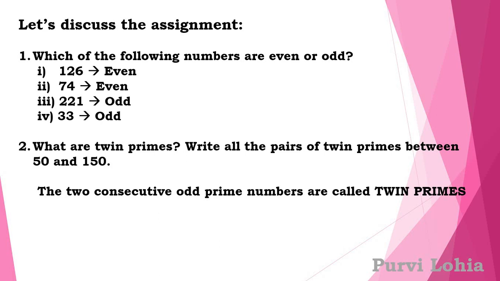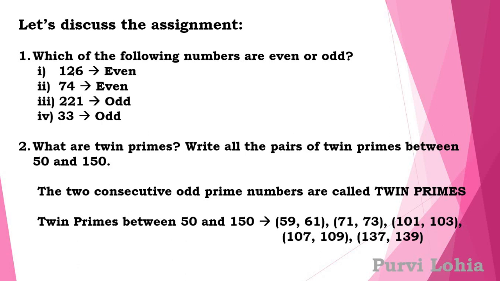So all the twin primes differ by 2 because in between the two consecutive odd primes there will be one even number, right? So the twin primes between 50 and 150 are 59, 61, 71, 73, 101, 103, 107, 109, and 137, 139. Next question.